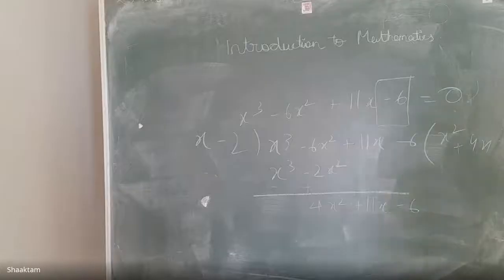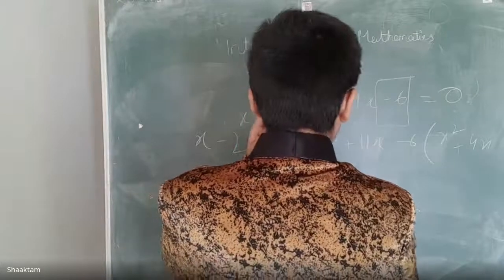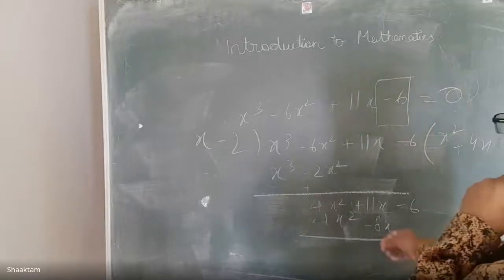That means 2 is not a factor. No, still let me see. We could check it if we put 2 in that equation in the place of x. If it gives us 0, then we could use it. If I put 4x here, I'll get 4x square minus 8x. Okay, 11x minus 8x.